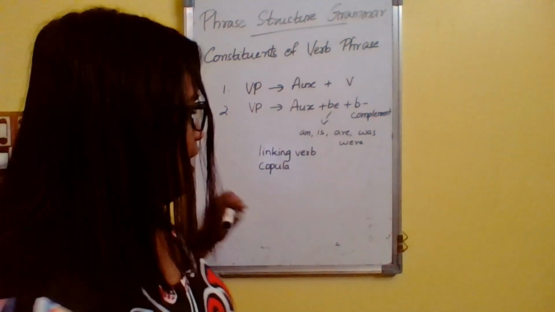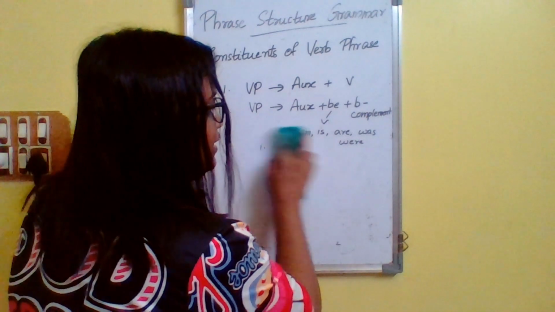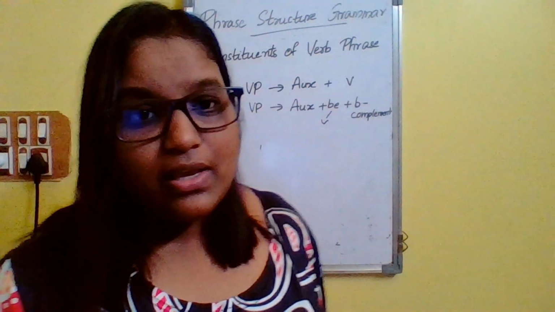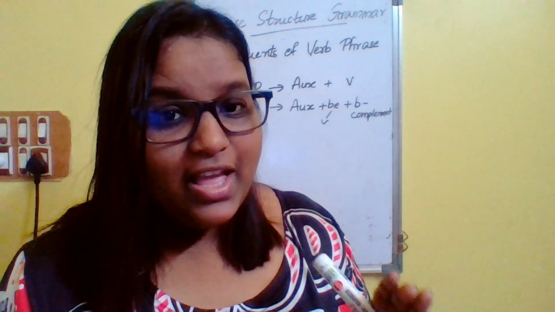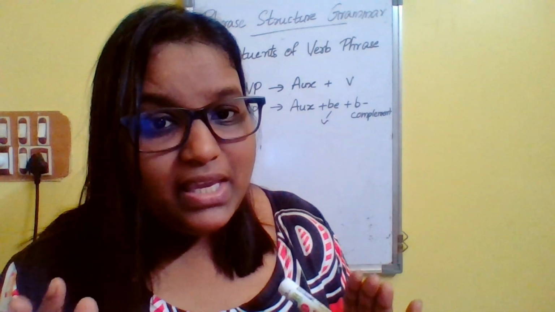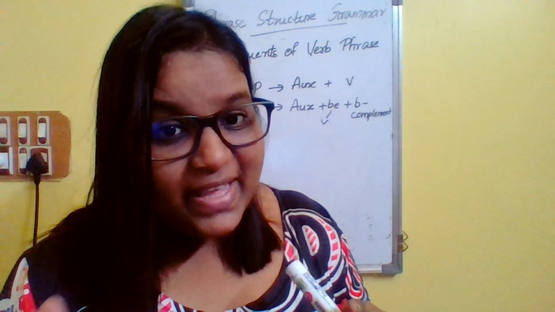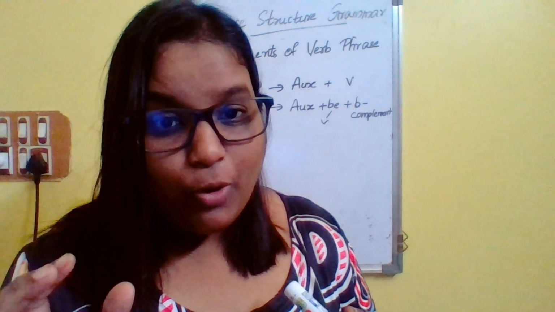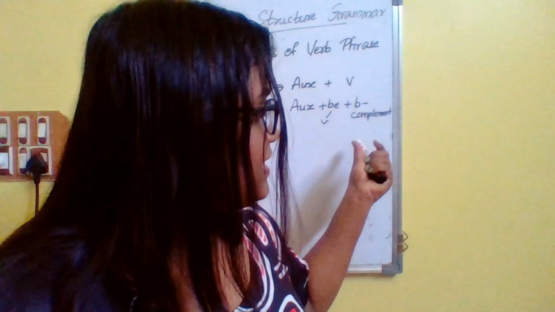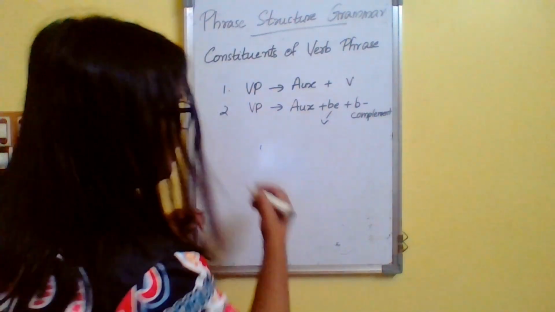Let's move on to the third element now, be complement. What is the be complement? Whatever happens after the be constitutes a be complement. Whatever completes the sentence after a form of be constitutes be complement. Let's write an example for this one.